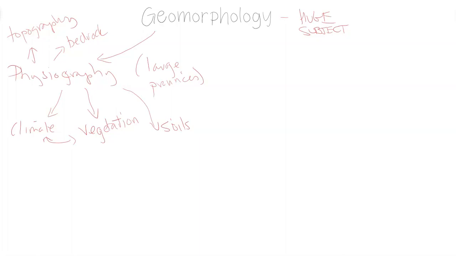And we can also look at the hydrology, which also can link up to more things as well. So the physiography is a large topic in itself, and that's just one part of geomorphology. The next is going to be the superficial processes. What happens on the surface?